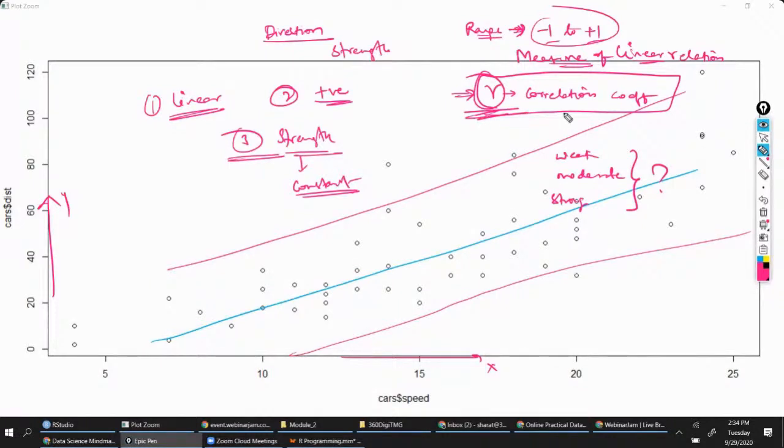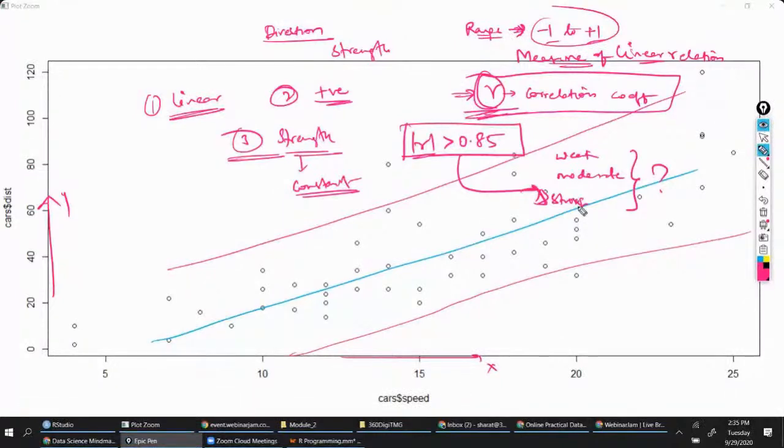Most statisticians use a standard value, the modulus of r, talking only about magnitude. If it is greater than 0.85, very high in magnitude, it is interpreted as a strong relationship.